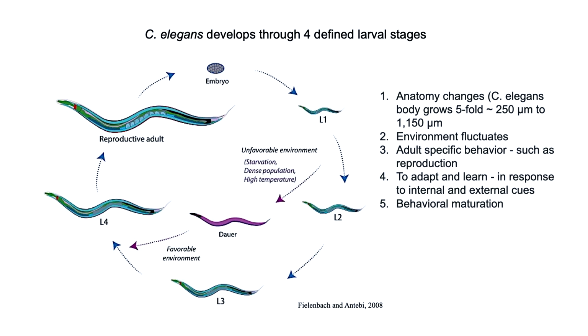C. elegans also learn to do those things. If you feed them, they will be repelled by a certain type of odor. If you starve them for longer, the same odors become attractive again. So these are things that evolve over development.